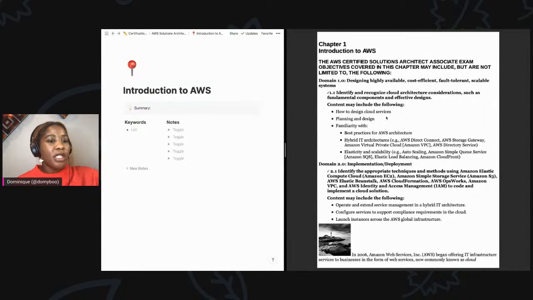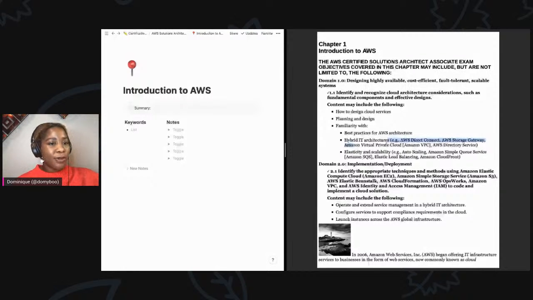Cool. So introduction to AWS is about best practices, familiarity with best practices, hybrid architecture, elasticity, implementation, all that kind of good stuff. What is cloud computing? On-demand delivery of IT resources, which is pretty basic. Some of the advantages of cloud computing.